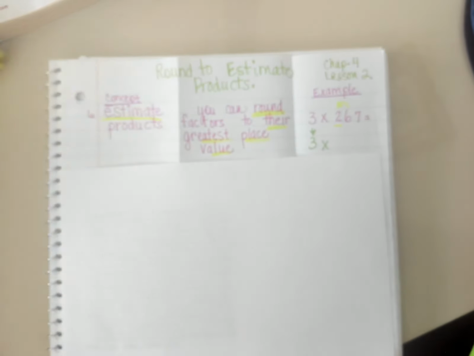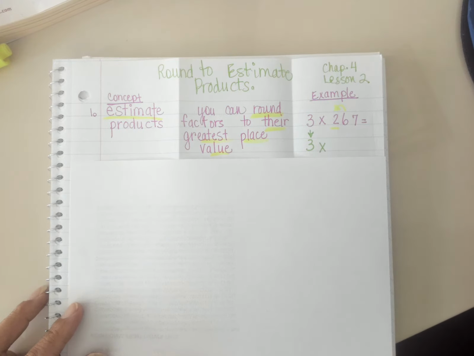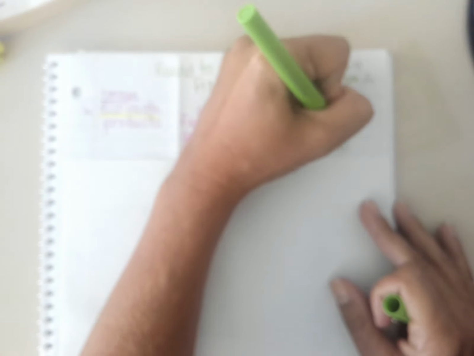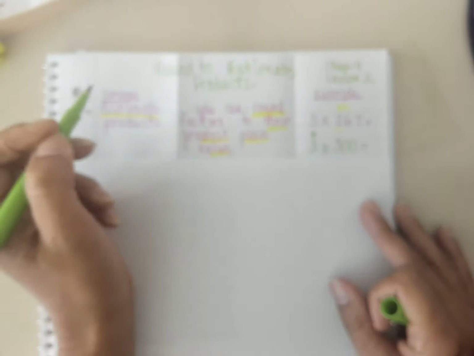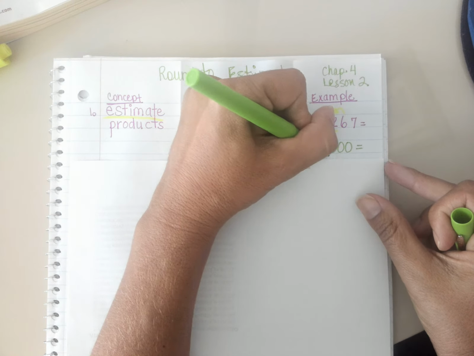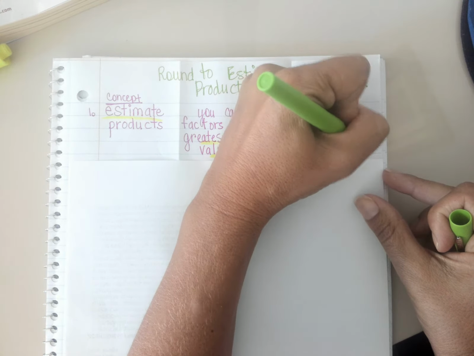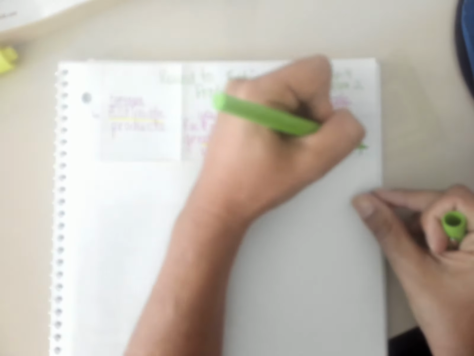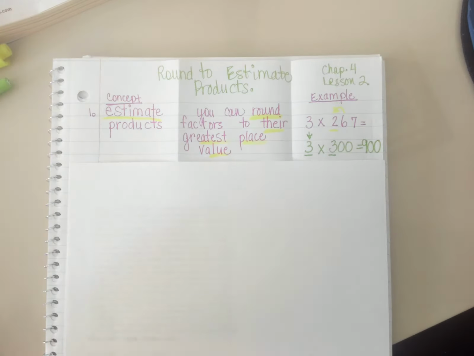We have a 6 there. So it rounds up. It becomes 300. And now you could basically multiply this in your head. 3 times 3, you know that's 9. But it's 3 times 300. So it's 300 plus 300 plus 300 equals 900. You may copy that once it stops being blurry.